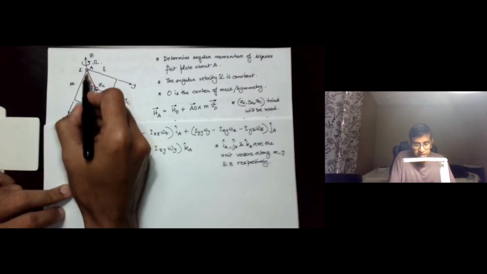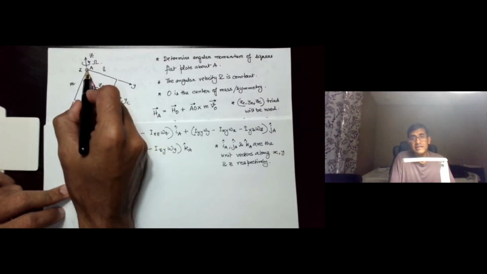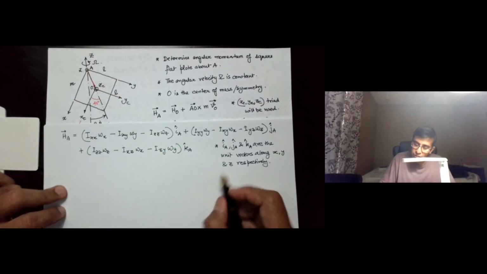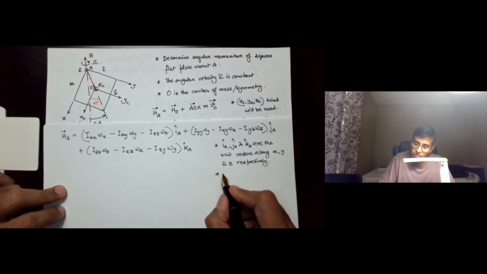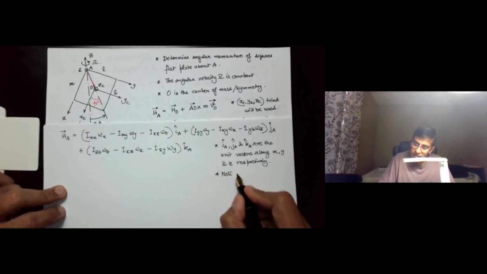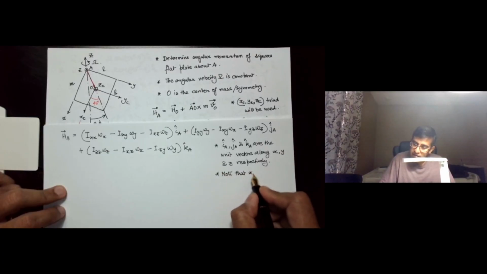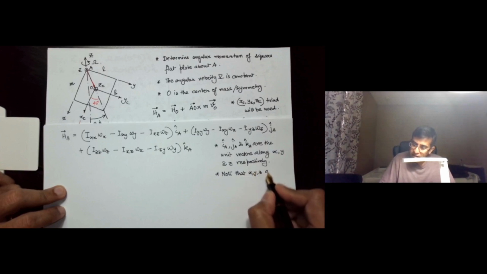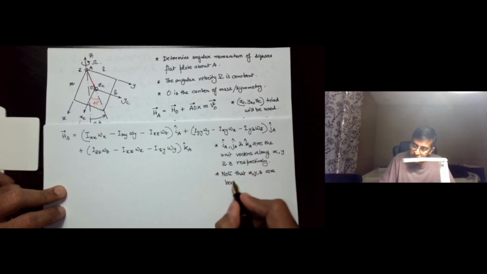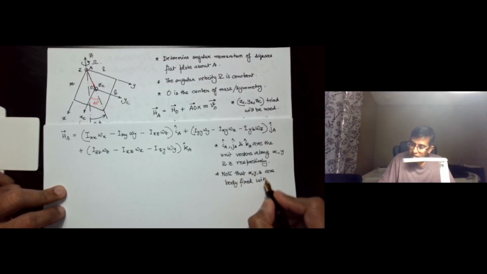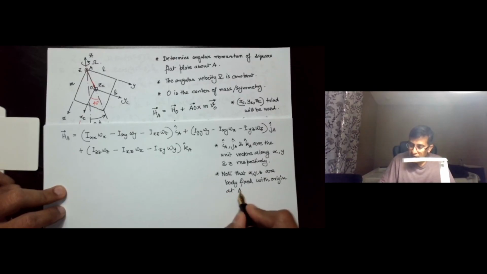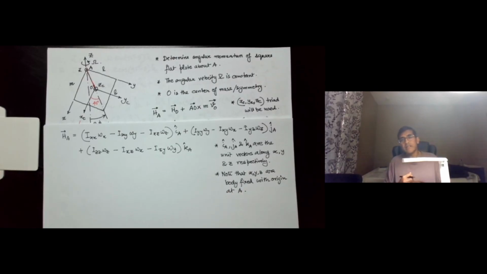And we are talking about this x, this y and this z here. They are also body fixed. We note that x, y, z are body fixed with origin at A.